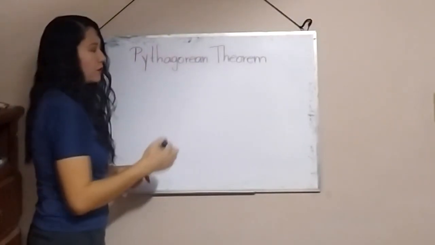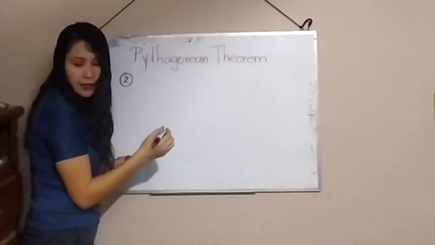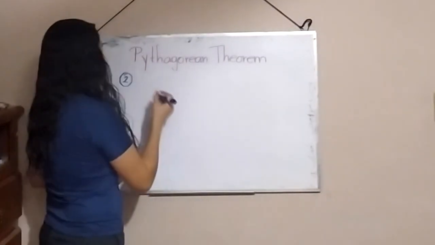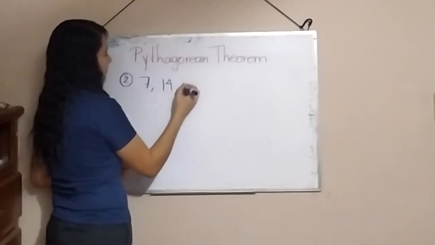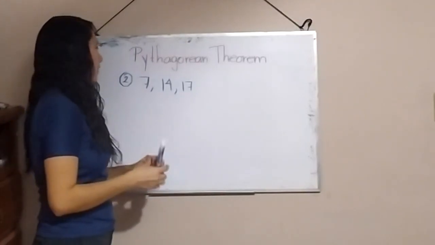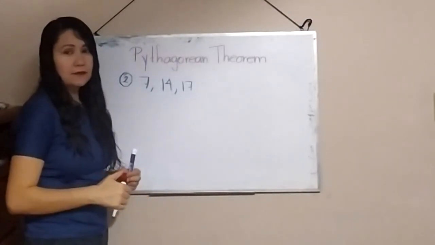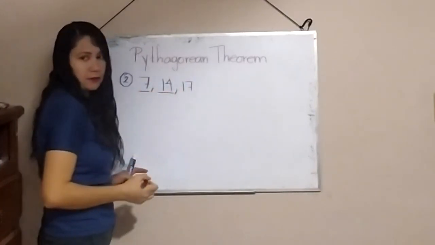Next example, we have another triangle with sides 7, 14, and 17. Which ones are the legs? 7 and 14.